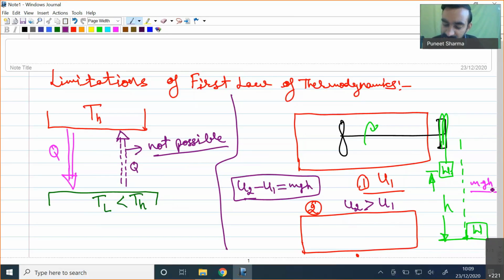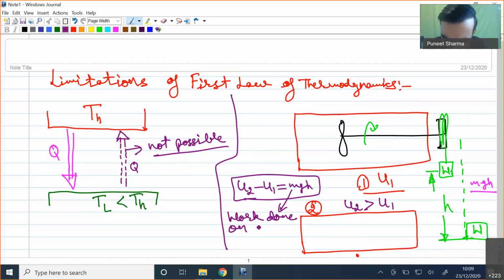Because of this, our pedal wheel has rotated and imparted certain energy to the medium inside. So the internal energy of the medium has increased by an amount equivalent to the work done on the system.